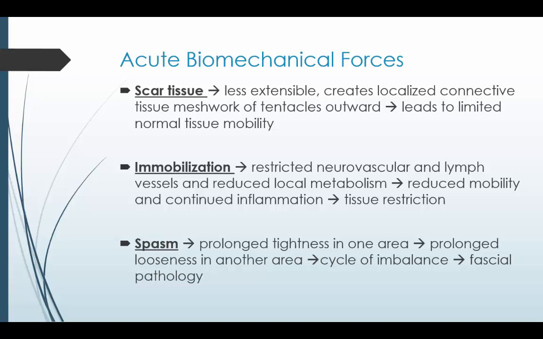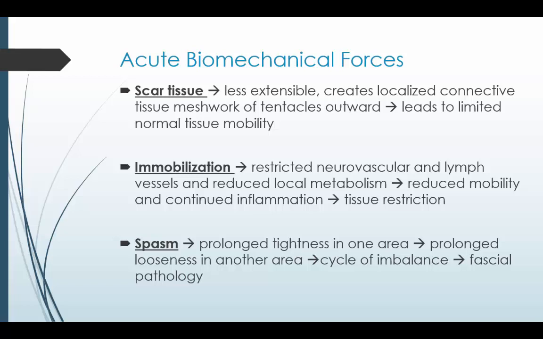With reduced metabolism, a fluid imbalance further adds to the area's reduced mobility and continued inflammation. Less motion causes a loss of hyaluronic acid, also known as glycosaminoglycan, or GAGs, and promotes increased cross-link formations, and mobility becomes restricted.